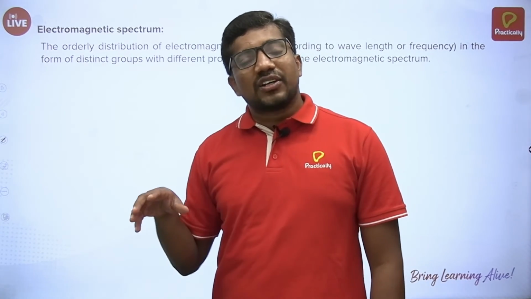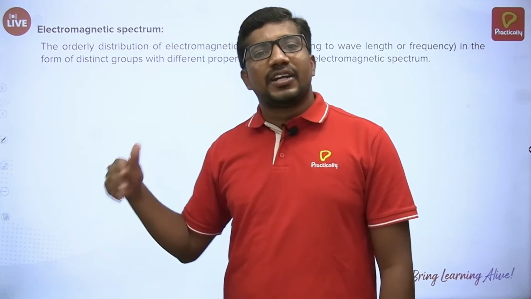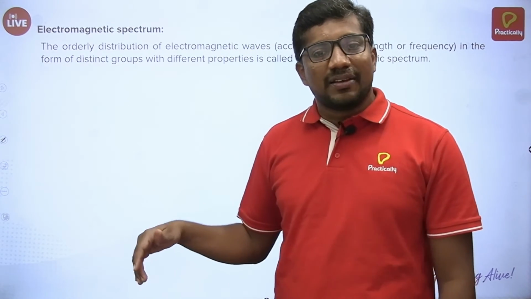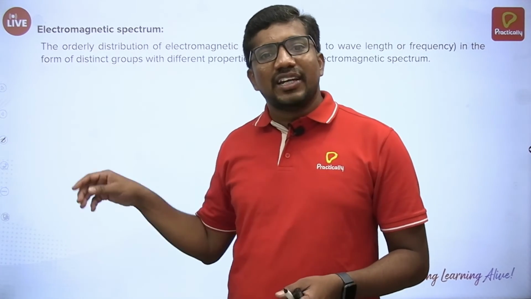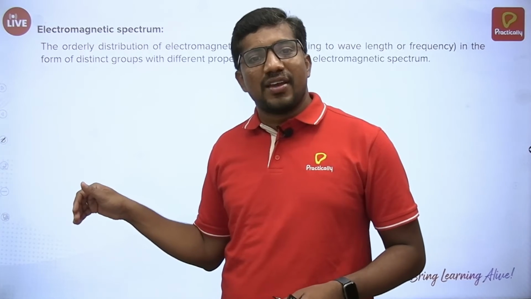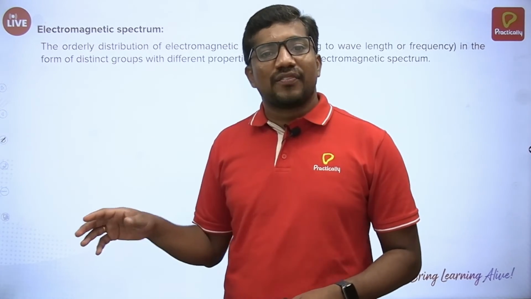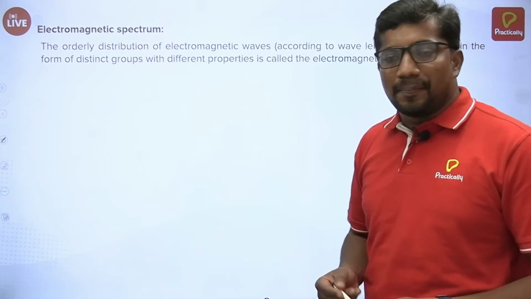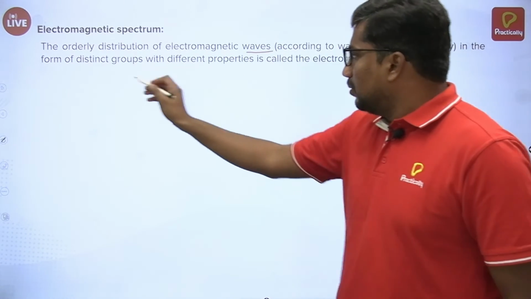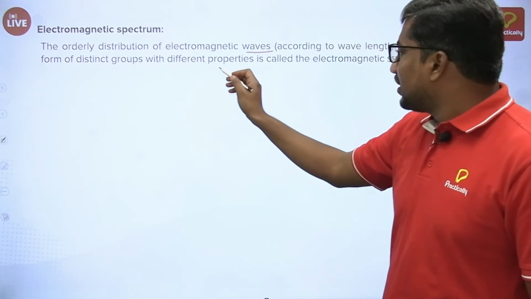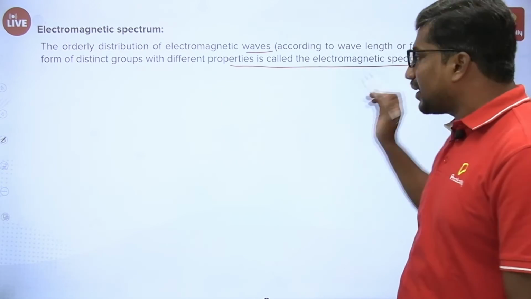If those electromagnetic waves are distributed orderly according to their wavelength or frequency, that orderly distribution is called the electromagnetic spectrum, forming distinct groups with different properties.